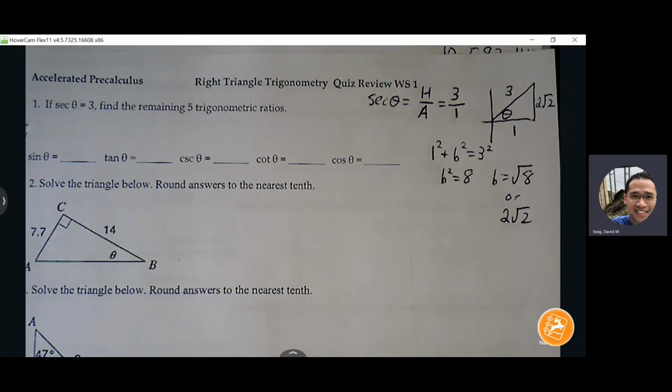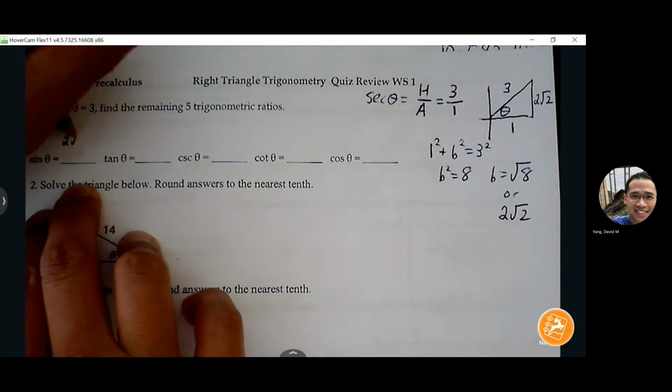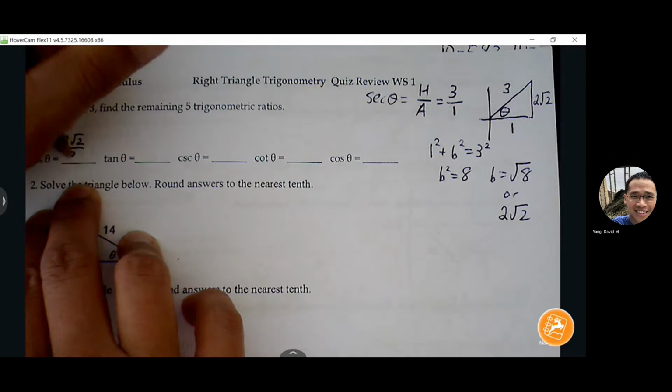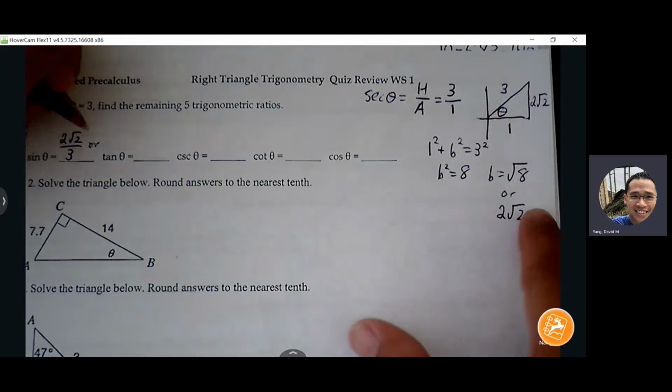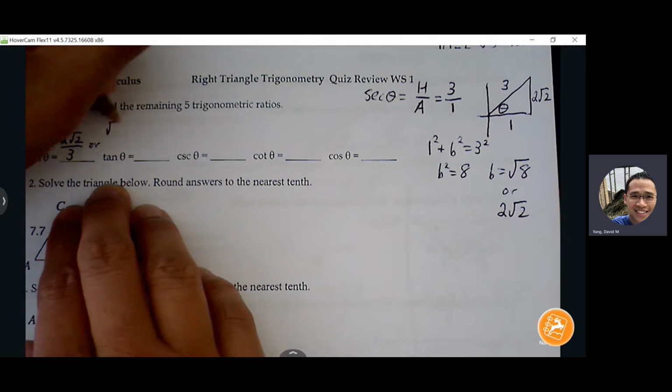Okay, so sine of theta is opposite over hypotenuse. Or if you're using that root 8, you can say root 8 over 3.